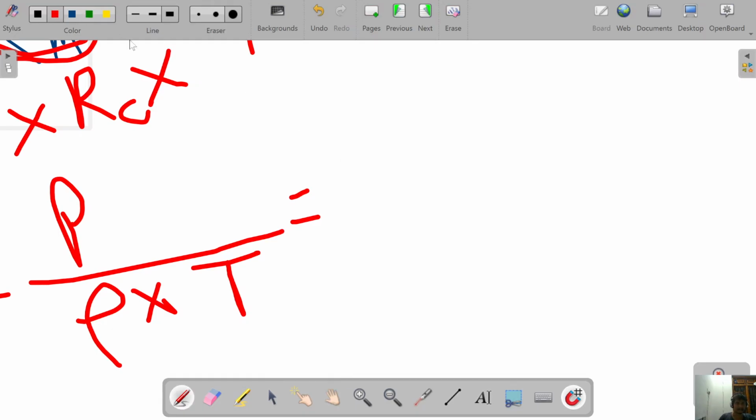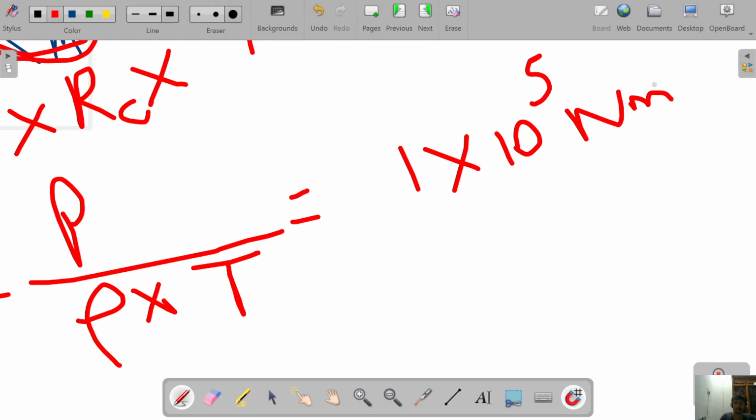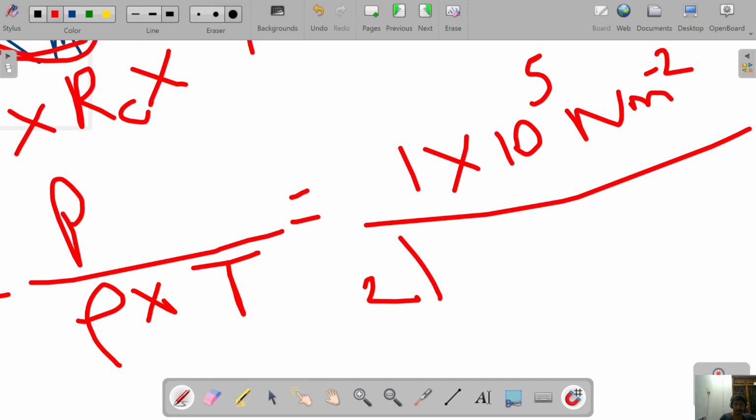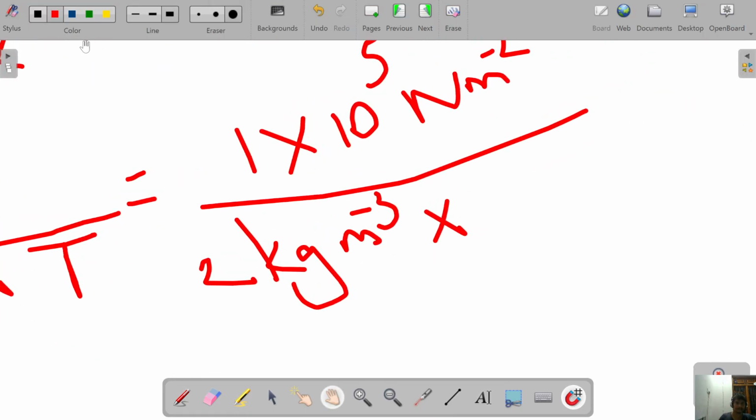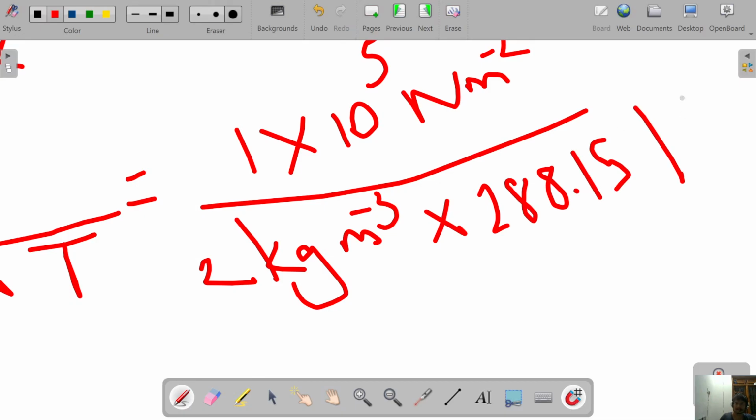Therefore, RC is equal to 1 into 10 to the power 5 Newton meter minus 2, or Pascal, divided by 2 kilogram meter minus 3 into the initial temperature, 288.15 Kelvin.